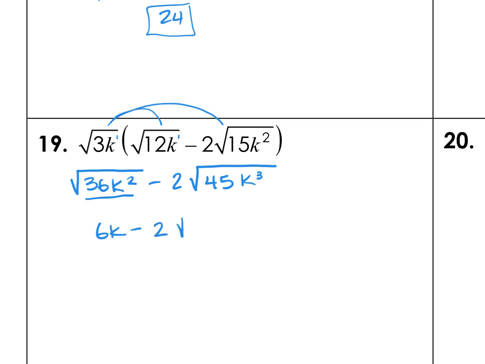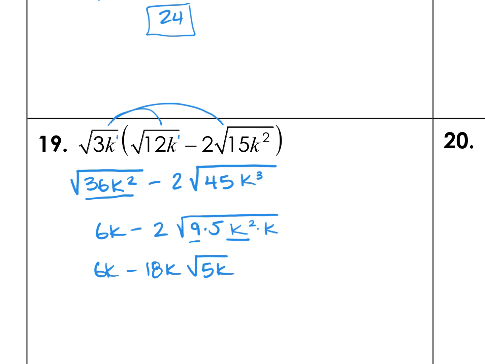But 45 is not a perfect square, so I'm going to write that as 9 times 5, because 9 is a perfect square. And then k cubed is k squared times k. So I take out what I can and leave what I don't have underneath the square root.